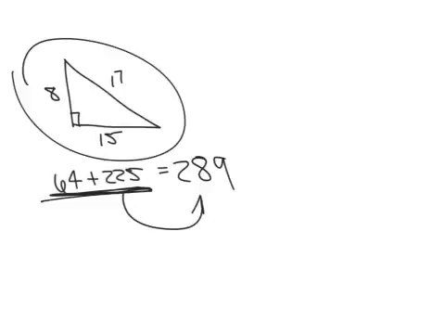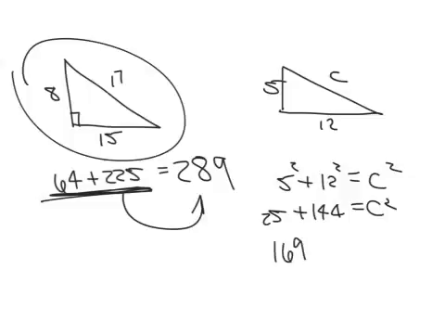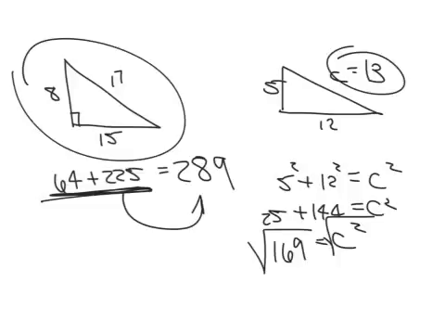So, if we have that, we take the two short sides and square them, and that gives us the long side squared. So 25 plus 144 equals c squared. So this ends up being 169 equals c squared. Square root of both sides gives you a c of 13, because the square root of 169 is 13.